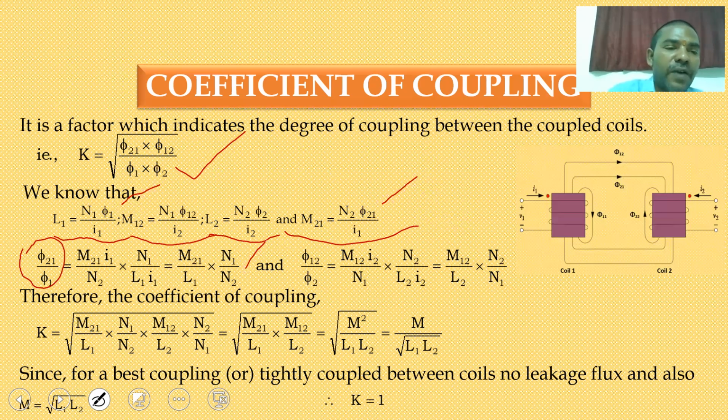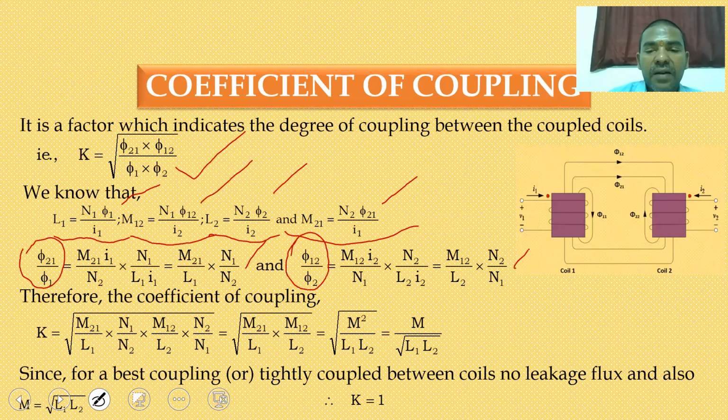Then for the second value, phi12 by phi2: phi12 is M12 I2 by N1 and phi2 is L2 I2 by N2. Here I2 is common and gets cancelled, so you get M12 by L2 into N2 by N1.